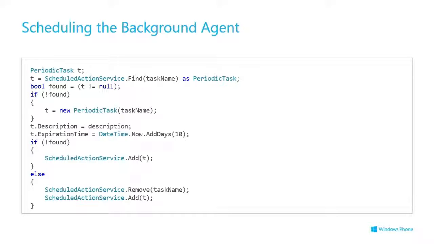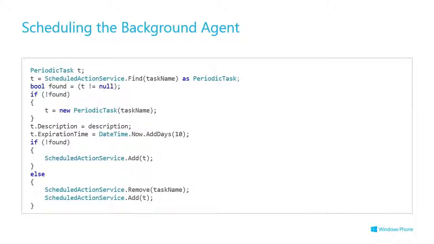And then this is the part here. This is the code in your foreground app that you write to kick off and make the background agent work. You explicitly do that to make it happen. You find it, and then you have an expiration, which I found interesting. So they can't just go on forever. That's right.